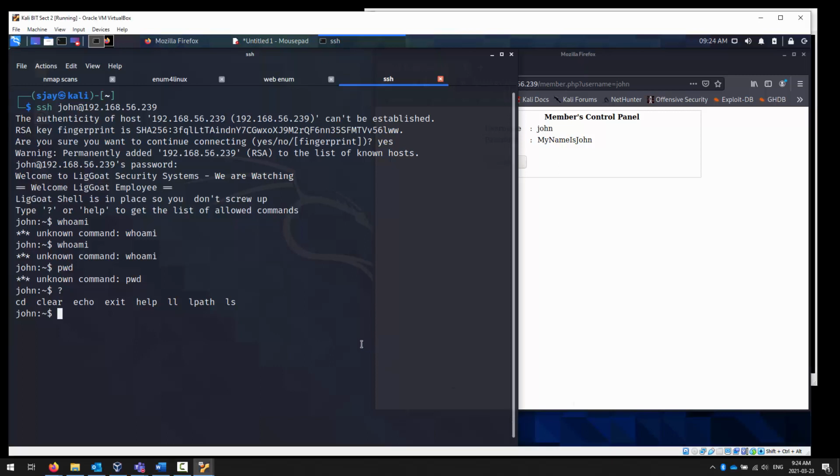Okay? So, one of the commands that they do allow is the echo command, and we've seen in the past a way of spawning our own shells. I don't know if I still have that. Try and find that command for us again.